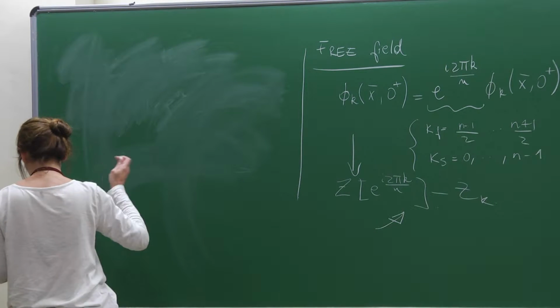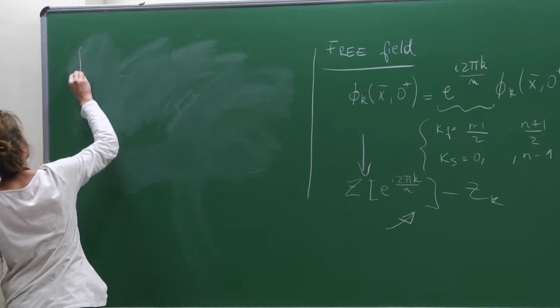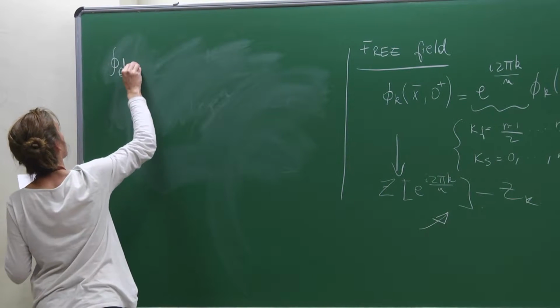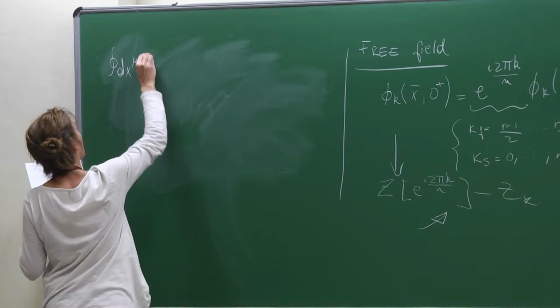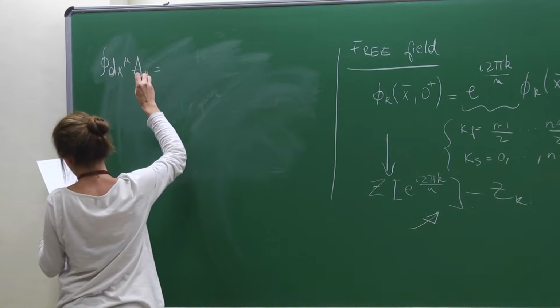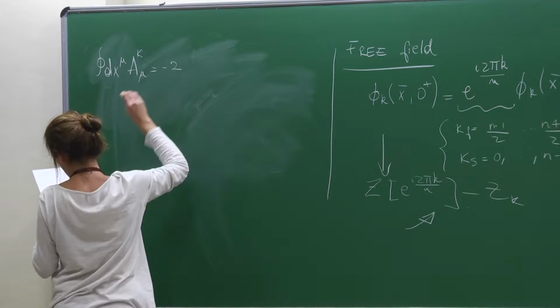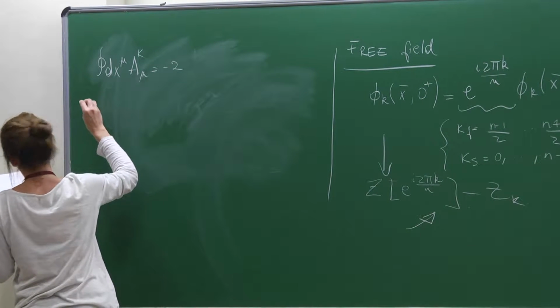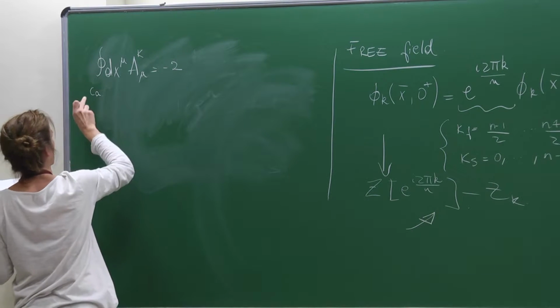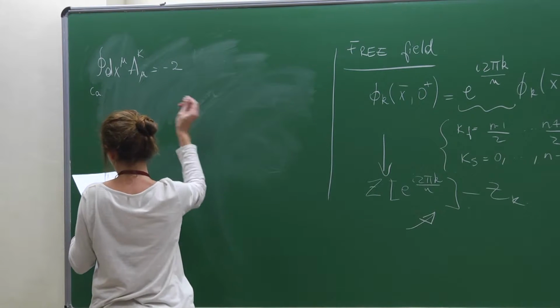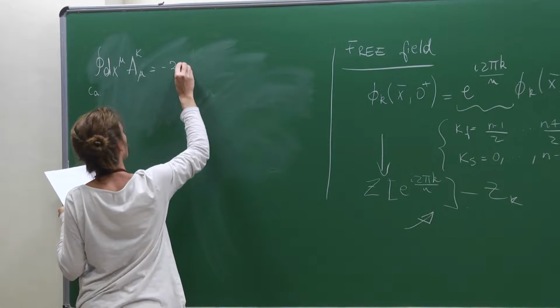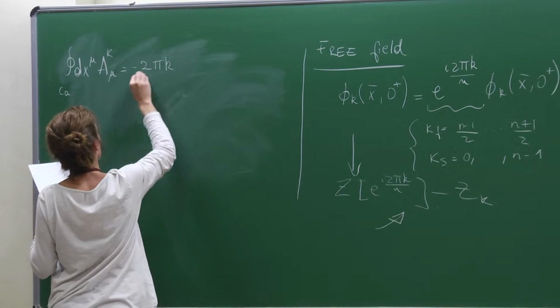Pure gauge everywhere except in the singularities. Let's say this has K, and now I will tell you which is A. A is one of the boundaries.